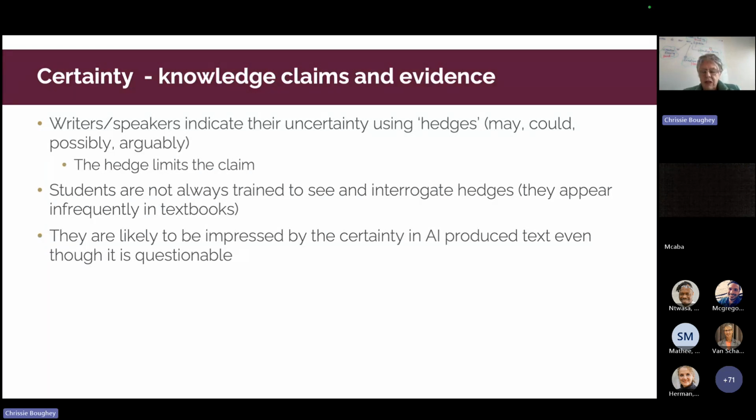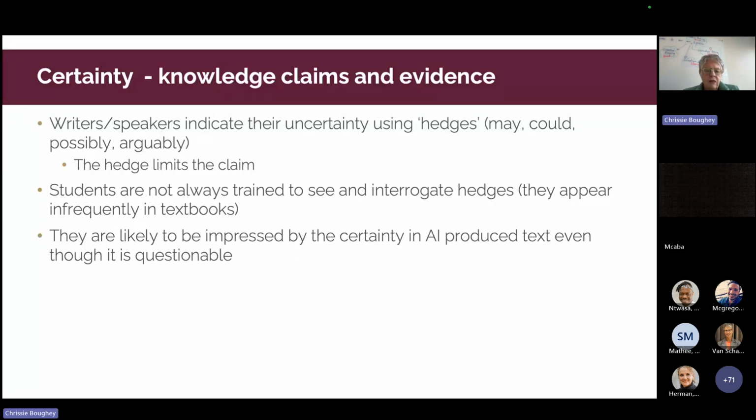And now one of the problems we have is that students aren't always trained to see and interrogate hedges. We've got research which has actually counted them in textbooks. They appear very infrequently in textbooks. Textbooks indicate a certain world, a world without all this uncertainty that we as researchers, academics, are very familiar with.